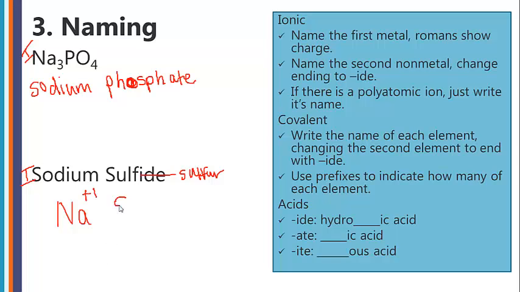And sulfide used to be sulfur, and sulfur has a charge of -2. So I've got a -2 charge on the sulfur side and only +1 for sodium. So I need 2 sodiums. So each sodium is +1. 2 of them makes a positive charge of +2, which balances the charge on the other side with the sulfur. So my formula is just Na2S.